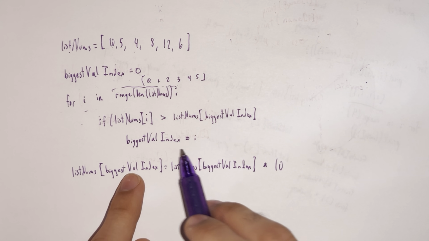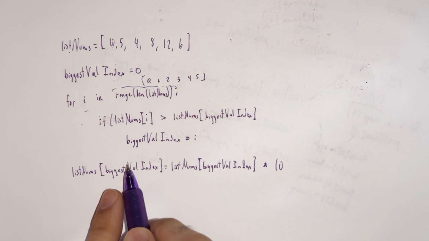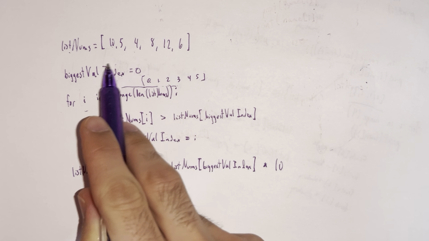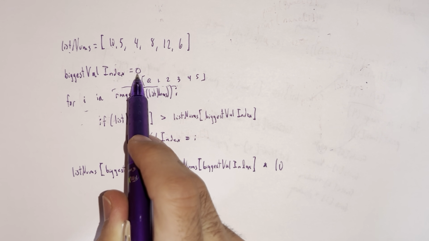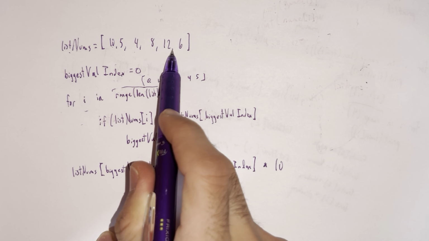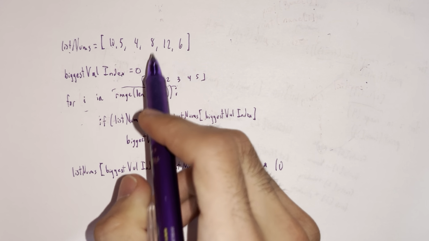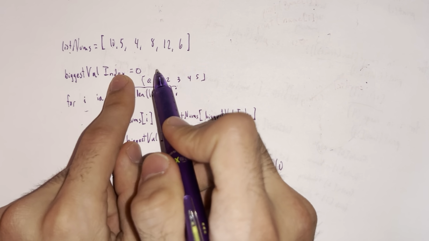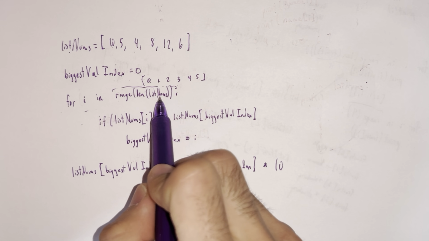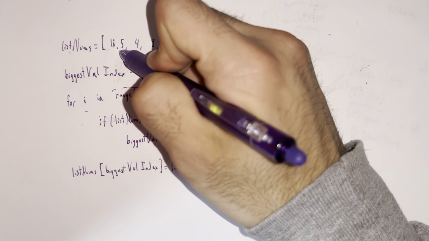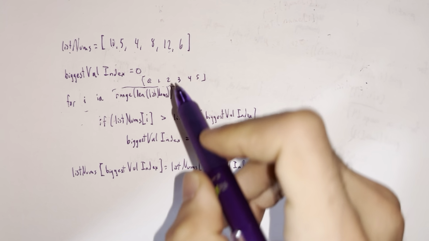And in this case, I guess we'll run through the code again. We have list nums, 10, 5, 4, 8, 12, 6 is the list of nums. We have biggest val index, which is the index for whichever number is the biggest. And we start at 0 by default, just as a starting point. And then we look at the list for I in range len list nums, and that's going to look at the indexes of each of the numbers in the list.